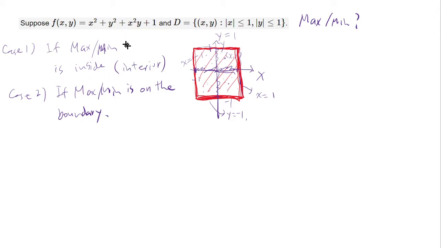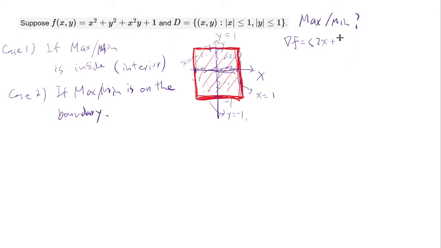How do you get the local max or local minimum inside? Well, whenever you have a minimum or maximum, it has to be a critical point, meaning that the gradient must be 0. Gradient of f, if you compute it, you first differentiate by x, treating y as a constant, so these become 0.